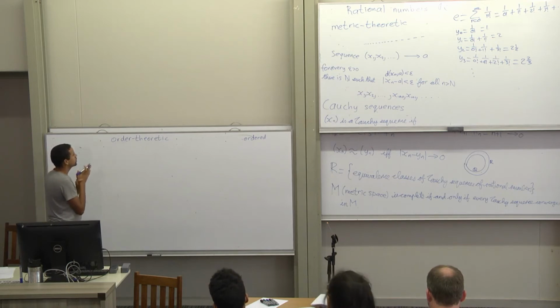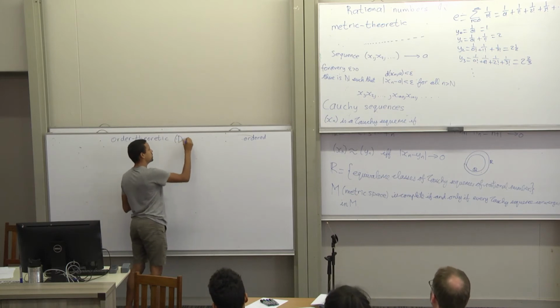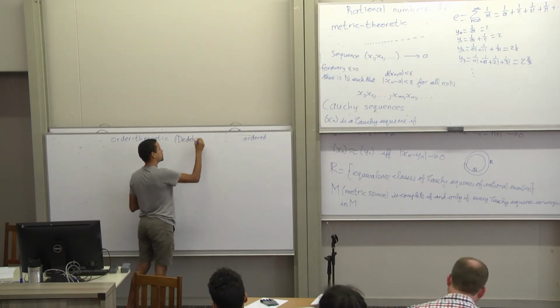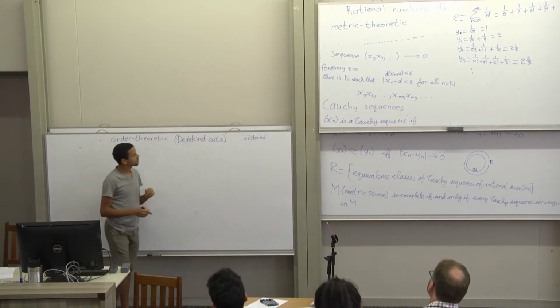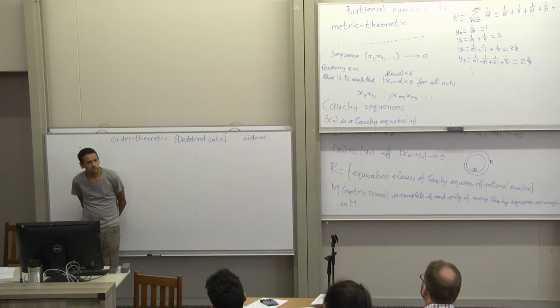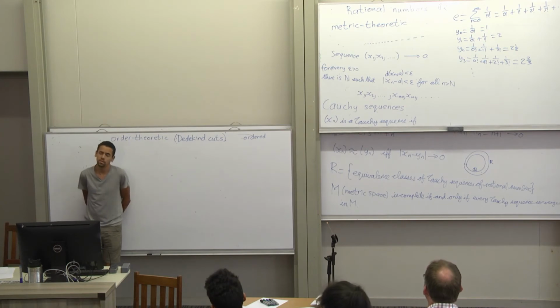Let's have a subtitle for this, which is Dedekind cuts. Because there was the mathematician Richard, I think his name was, Richard Dedekind, who defined the real numbers in this way from the rational numbers.